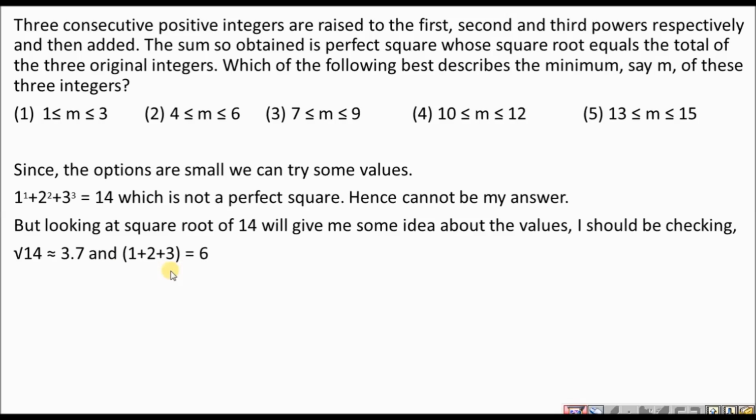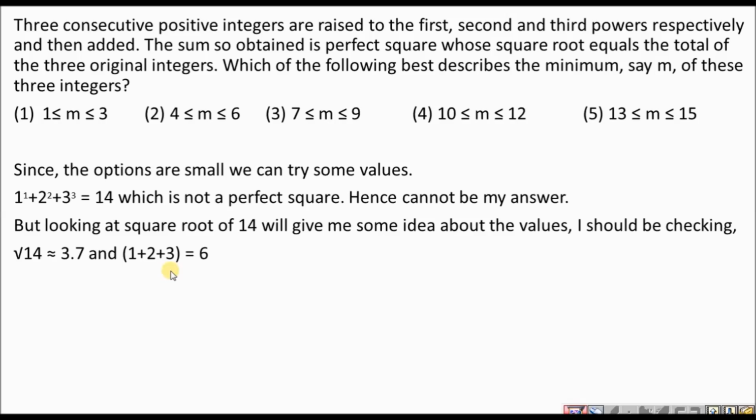So as I increase the value, say for example from 1, if I go to 2, I took the smallest number as 1, so my 3 numbers became 1, 2 and 3. Now instead of 1, if I take the smallest number to be 2, so my 3 numbers will be 2, 3 and 4.